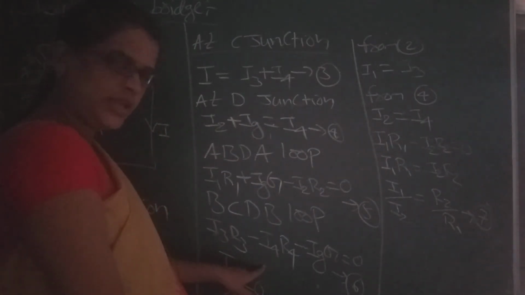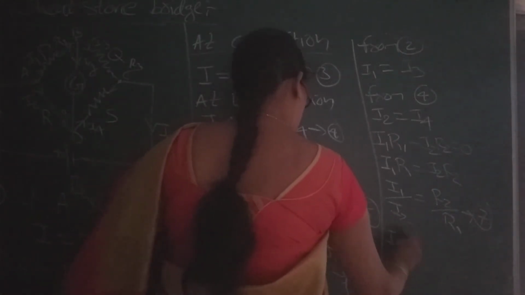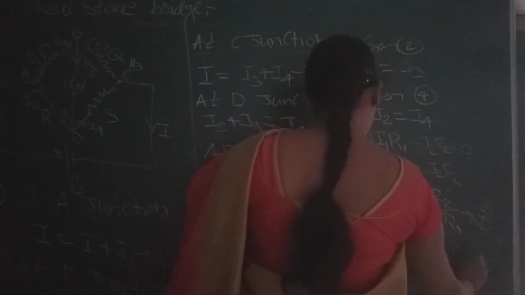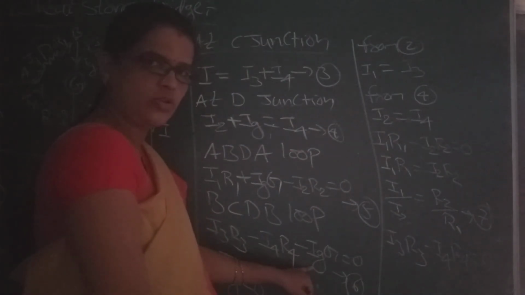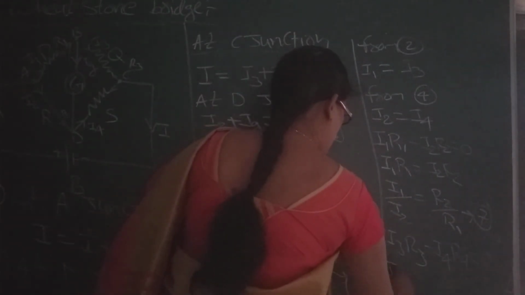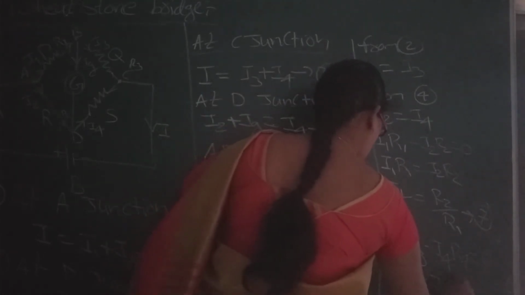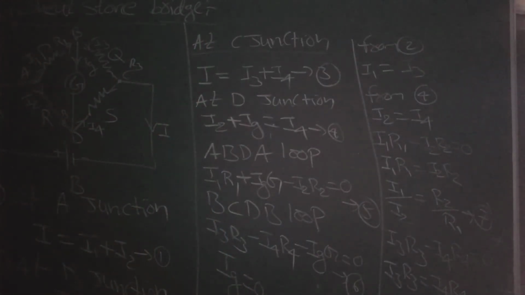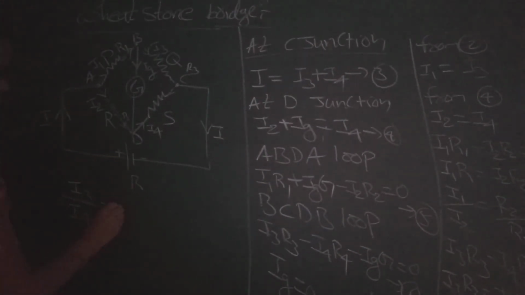From equation number 6, I3 R3 minus I4 R4 is equal to 0, since Ig G is 0. So I3 R3 is equal to I4 R4, then I3 by I4 is equal to R4 by R3.